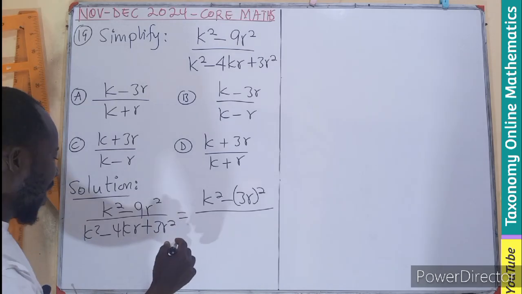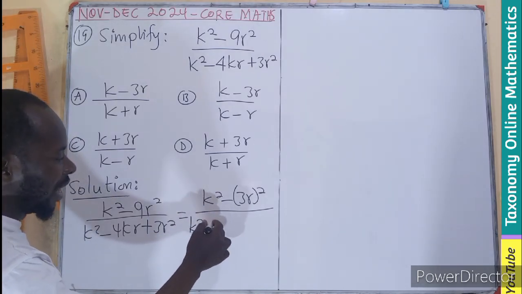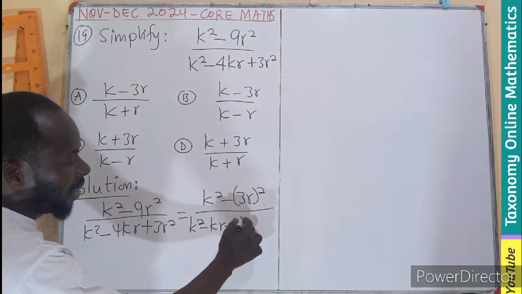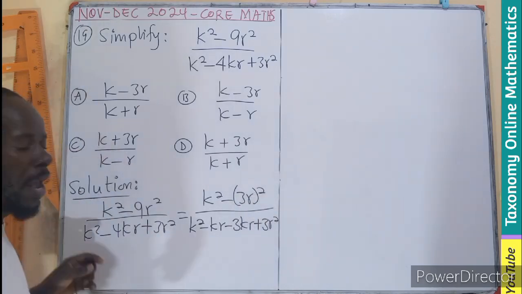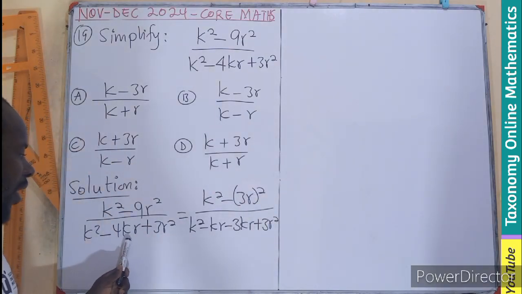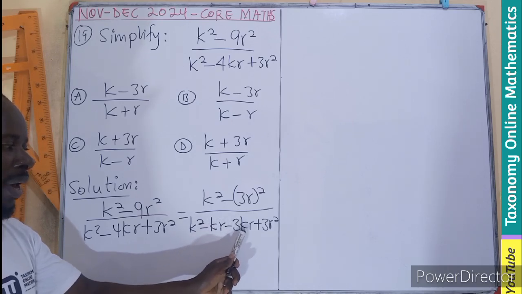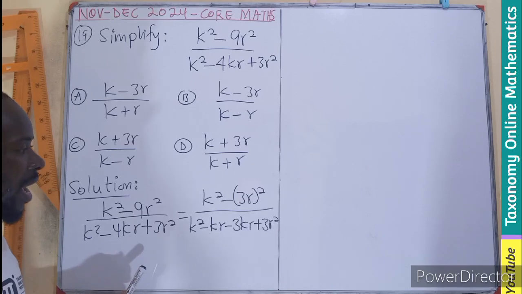So I will just have my k squared minus kr minus 3kr plus 3r squared. We are replacing the minus 4kr by minus kr minus 3kr, which gives us exactly minus 4kr.